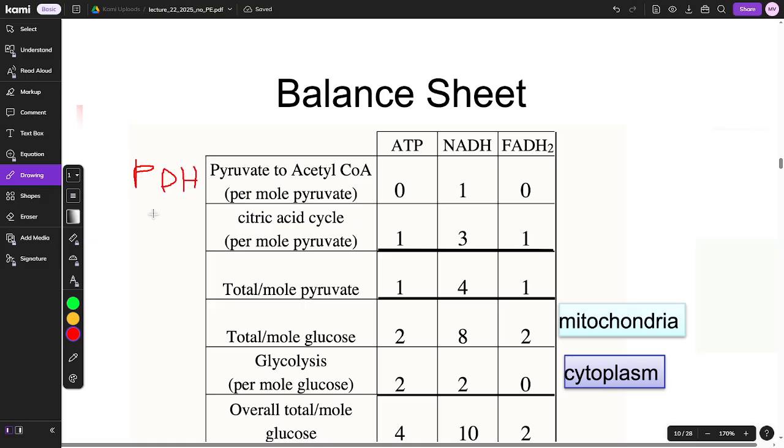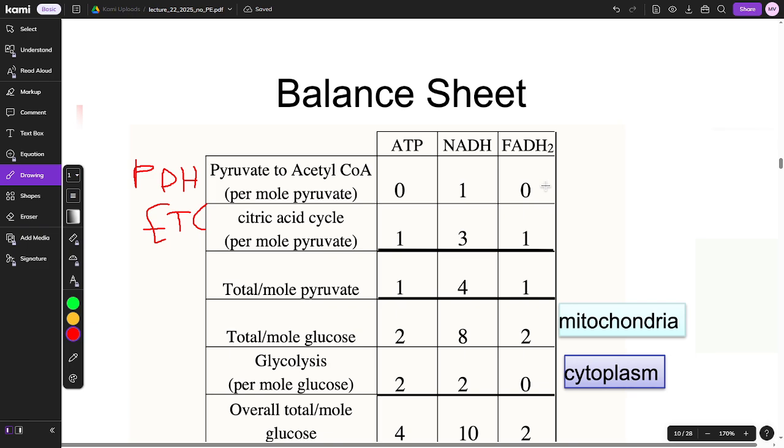This is ETC. So if we look at this, right? Pyruvate, so PDH does not produce ATP. It produces 1 NADH from E3, right? And it does not produce FADH2. Remember that the FADH2 in pyruvate dehydrogenase is actually just recycled, right?